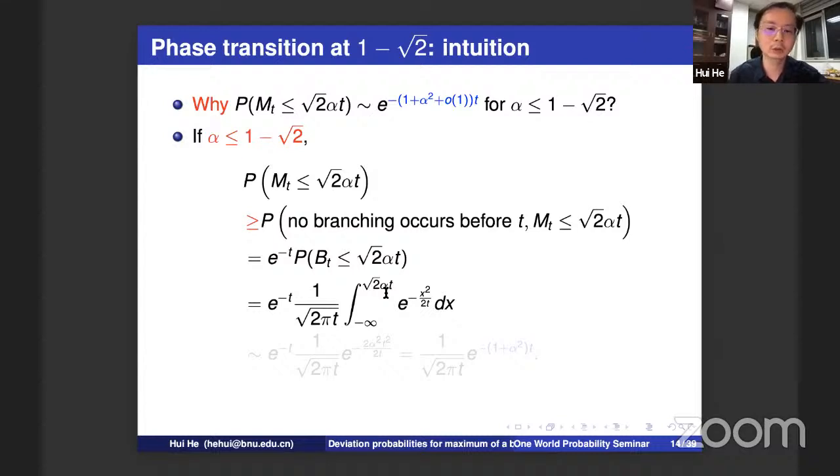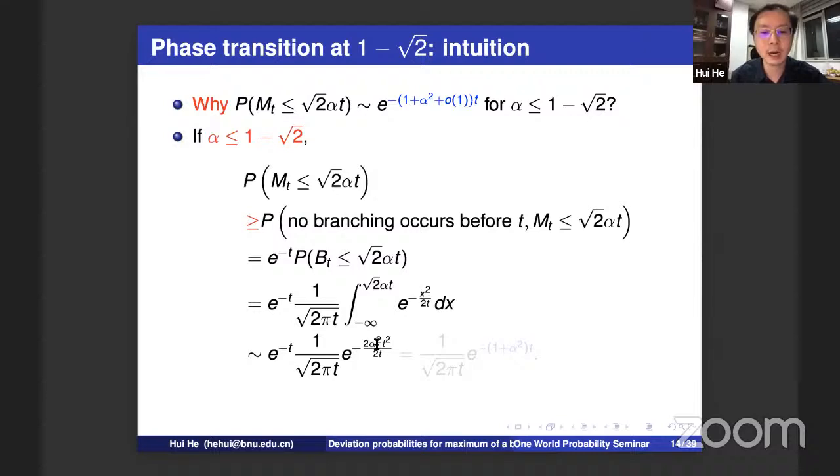And again, according to the tail behavior of the Gaussian function, we have seen that as t goes to infinity this is somewhat equivalent to another function, that is, you just put the square root 2 alpha t inside of x. So you get this formula, that is e to the minus t times this function. You just put the square root 2 alpha t inside of x.